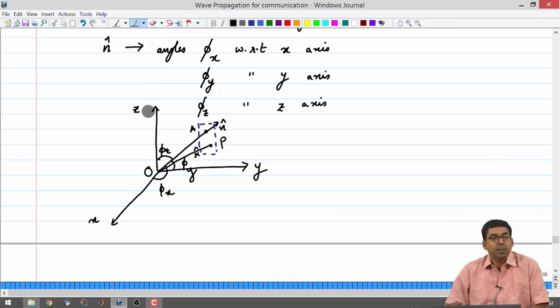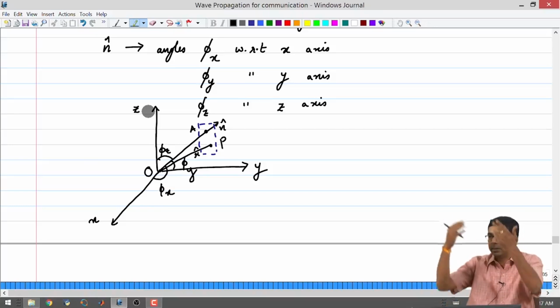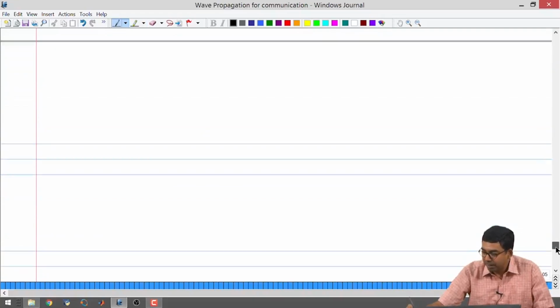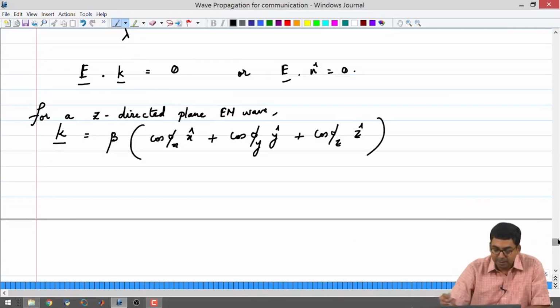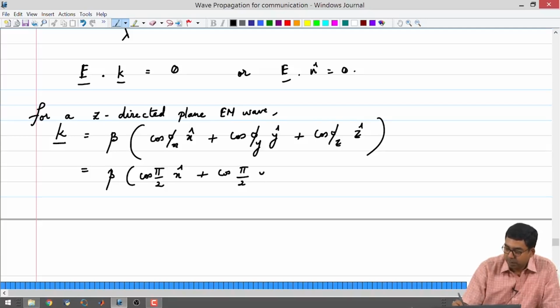Phi x will become 90 degrees, phi y will become 90 degrees, because it is the angle measured from the x axis to the vector. So, you will be writing this as beta times cos pi by 2 x hat plus cos pi by 2 y hat plus cos phi z z hat.